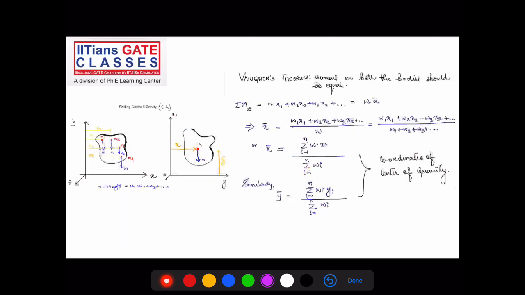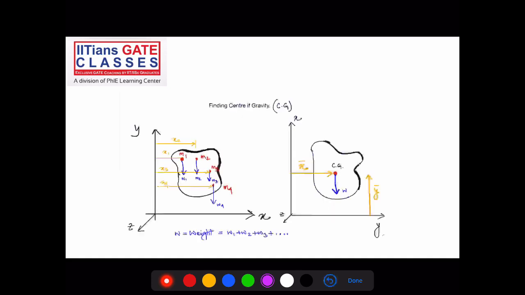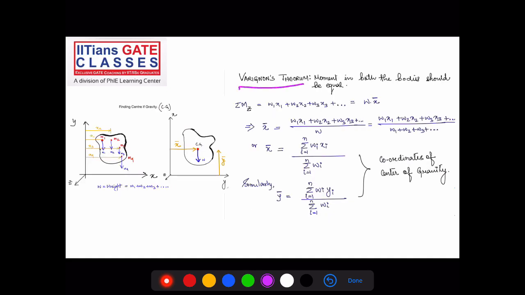Okay. Now, for both the bodies to be equivalent, the moment of all the weights, weight is a force, right? The moment of all the weights about z axis should be the same for system 1 and system 2. This is also known as Varignon's theorem. Varignon's theorem states that moment in both the bodies should be equal.